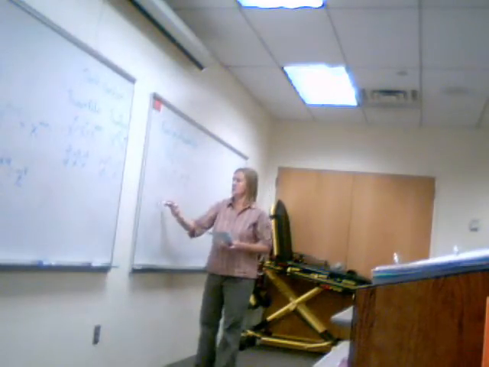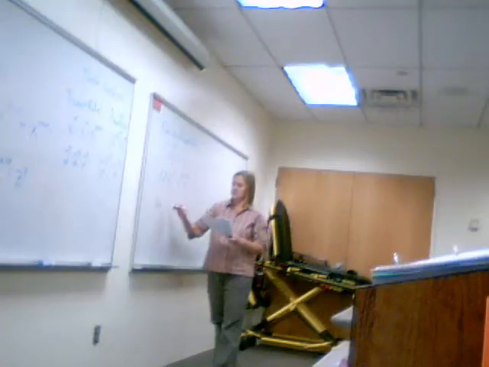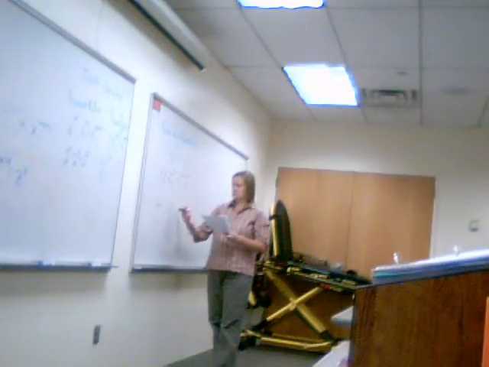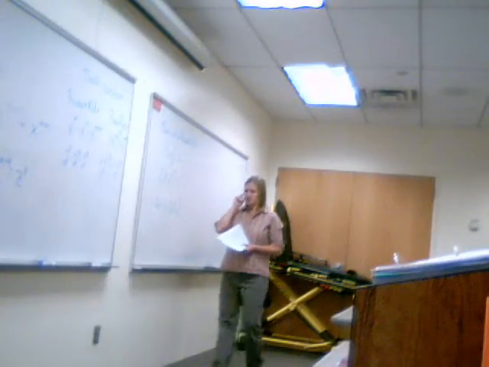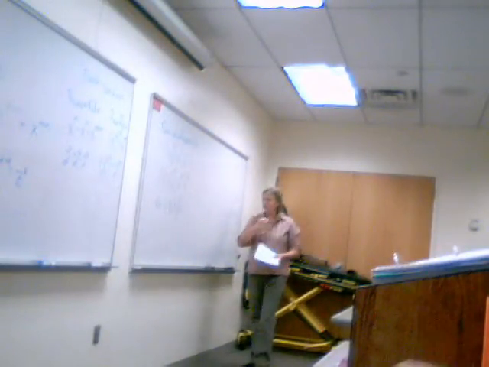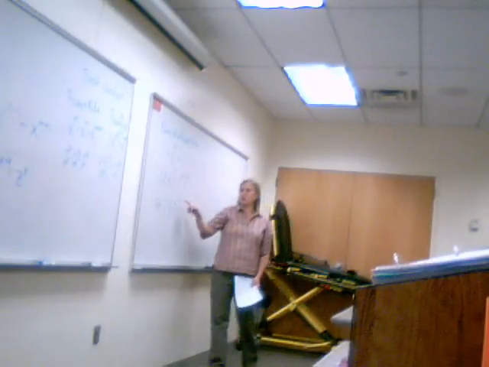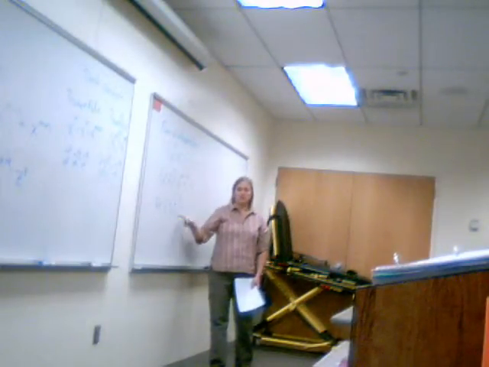I'll do an example with real numbers with this one. This is a problem you might see in your book. Okay? And how we solve this is we're taking the 3 exponent to each term.